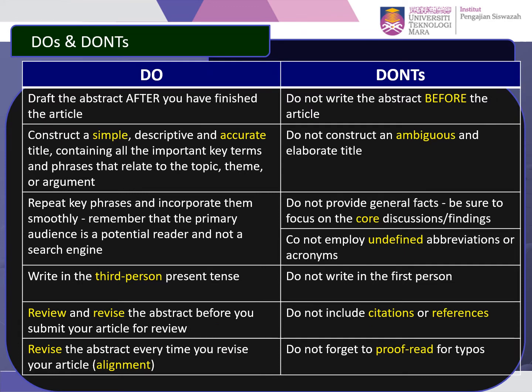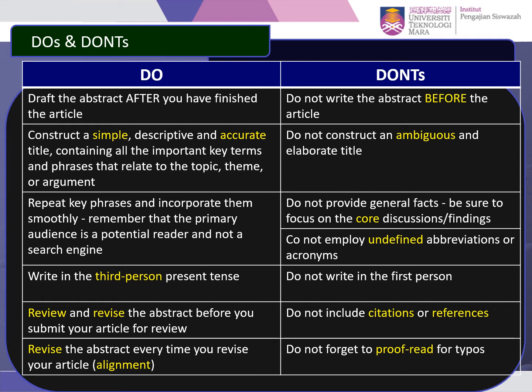These are the do's and don'ts. Usually, we write the abstract after we have finished the article. You can have a draft abstract earlier, but you will finalize it after the article is ready. Try to write simple and accurate information in the abstract.